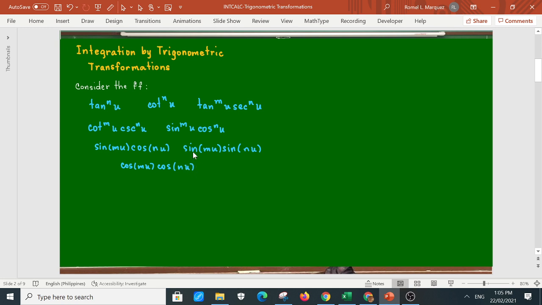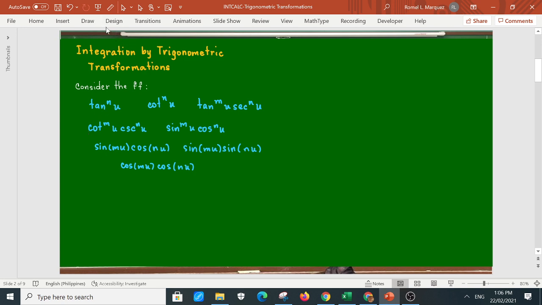So if you encounter powers of these trigonometric functions, most of the time integration by trigonometric transformations works. These powers of trigonometric functions lead to different cases, and I will be considering 6 cases.